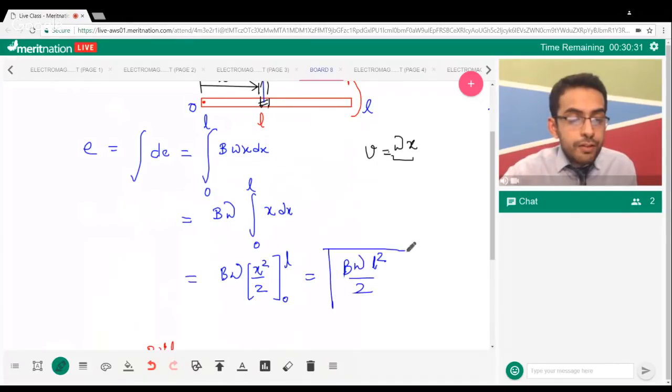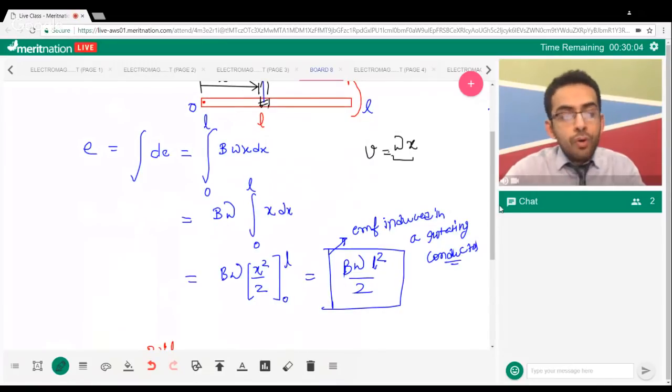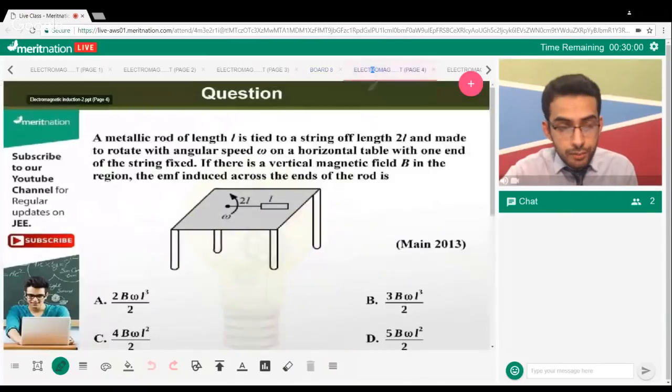This is the EMF induced in a conductor rotating in a magnetic field. Okay, now if you have seen this derivation, you can easily solve that question.